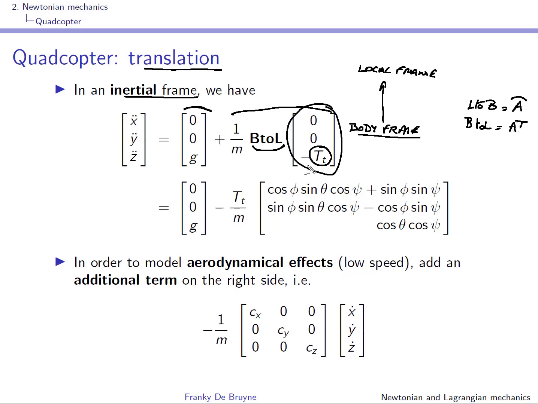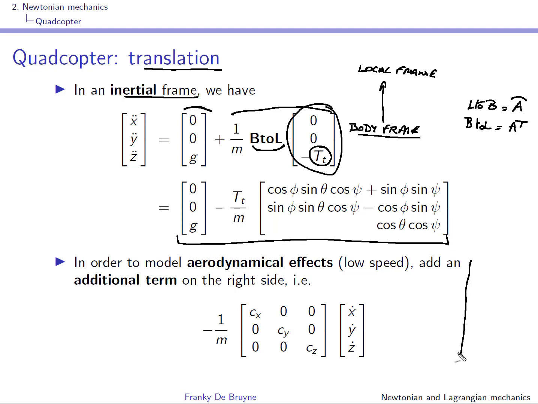So if you do A transpose times this vector, you'll be selecting the last column of A transpose, or the first row of A, right? And this is exactly what is done over here.